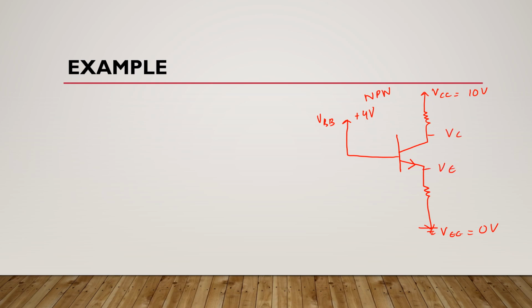Now if IC is 0.5 milliamperes, this is the direction of IC, and if VCB is 2 volts and alpha is 1, then what would be the values of RE and RC here?